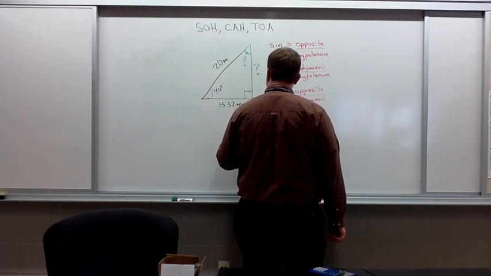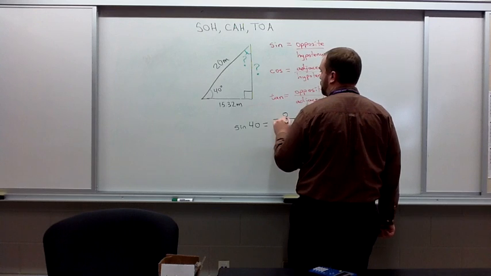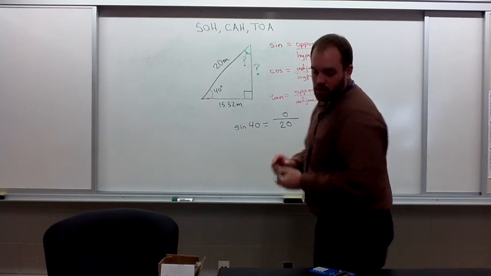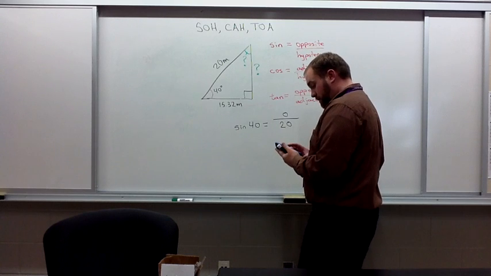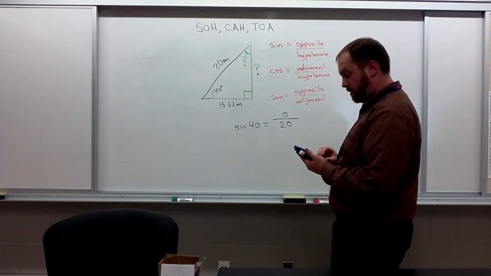The sine of 40 degrees is opposite. That's what I'm looking for, so I'll leave it as an O, over the hypotenuse, over 20. Grab my calculator, and once again, make sure your calculator's in degrees. That's what I was checking before.